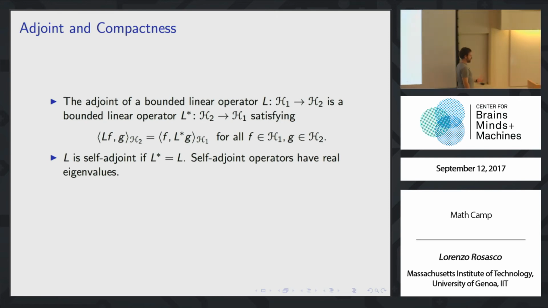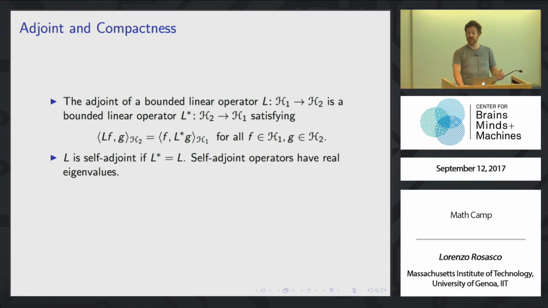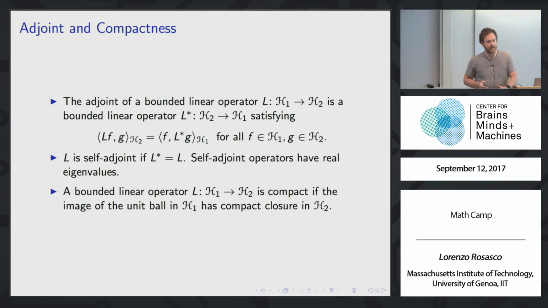If I use this word, just go back to it: adjoint, transpose, self-adjoint, symmetry. It's a dictionary of terms from the finite to the infinite dimensional case. Now, this last line, you can appreciate how incomprehensible it is. But these guys are going to be important, and we're going to basically deal only with operators.